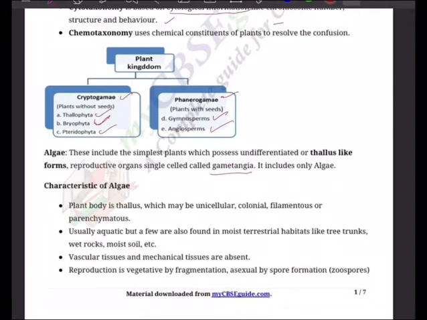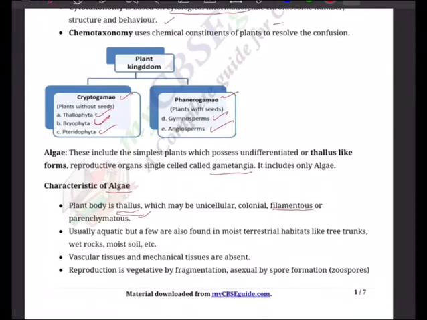Characteristics of algae. Plant body is thallus, undifferentiated plant body, which may be unicellular, colonial, meaning colonies, filamentous, long ribbon-like structures, or parenchymatous tissue will be present.